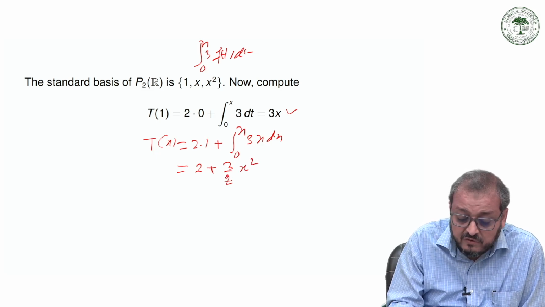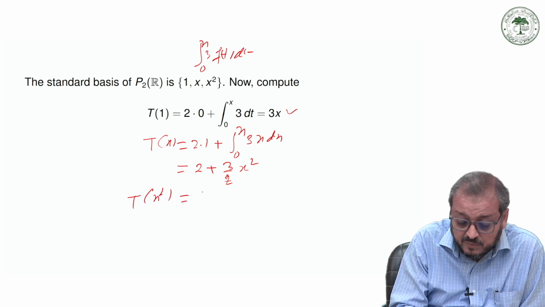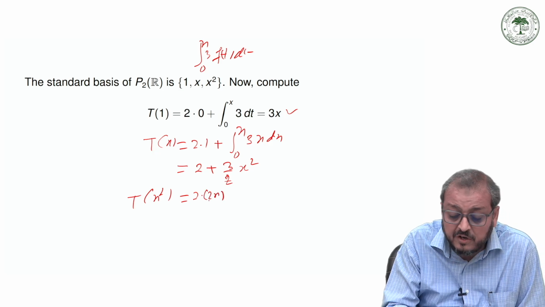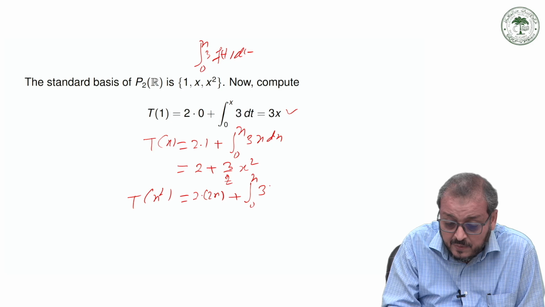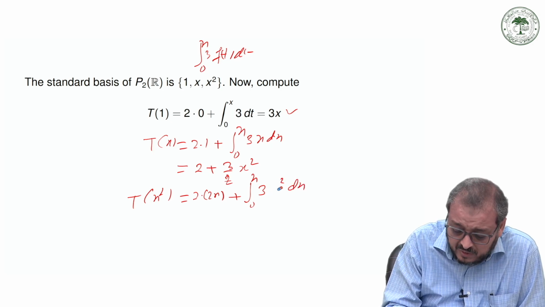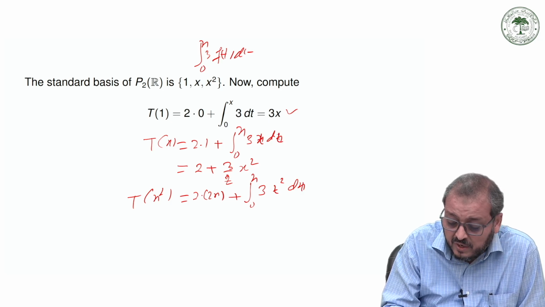And then we have T of x square. This is equal to 2 times the derivative of x square, which is 2x, plus the integration from 0 to x of 3t square dt.